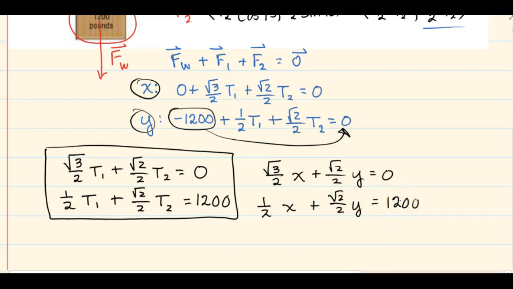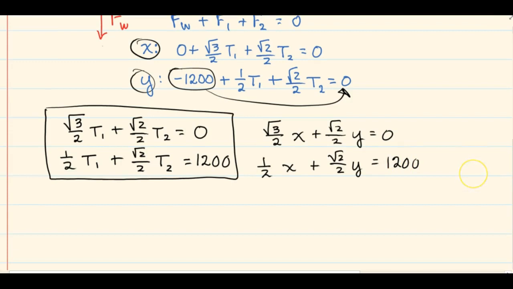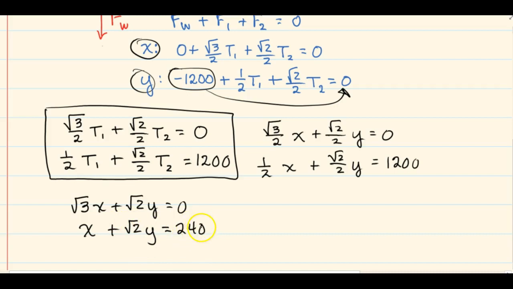I'm going to multiply all my equations by 2, everybody by 2. So I have to solve the square root of 3 x plus the square root of 2 y is equal to 0, as well as x plus the square root of 2 y is equal to 2,400. Remember what I did is I multiplied everybody by 2 to get rid of fractions.